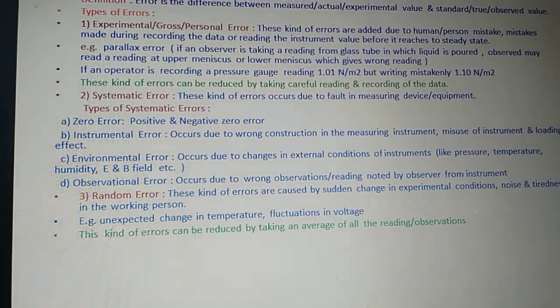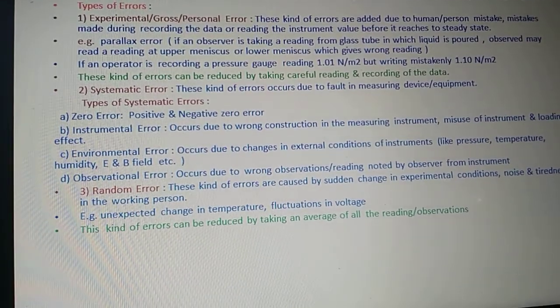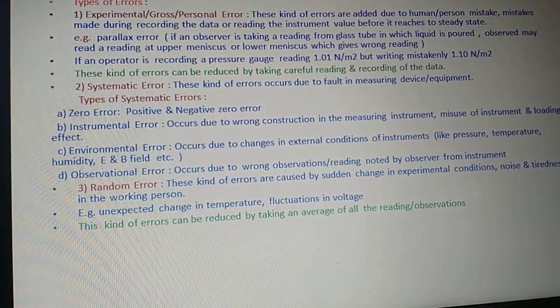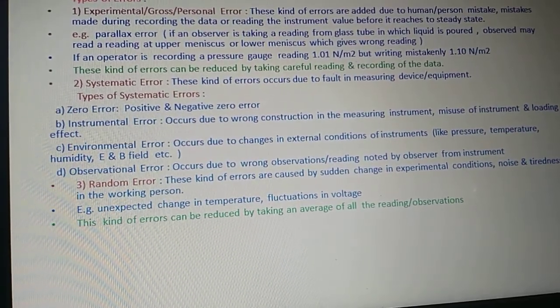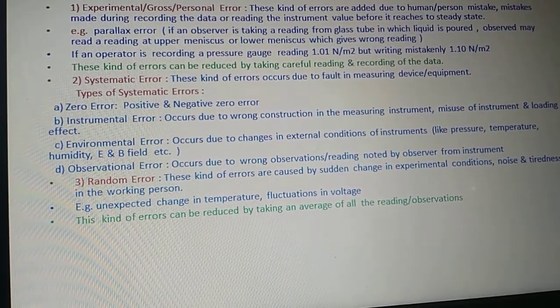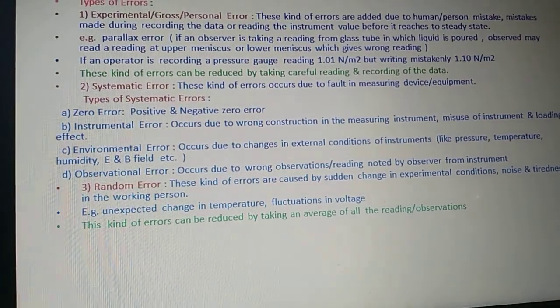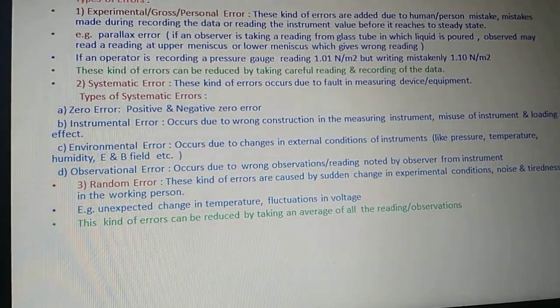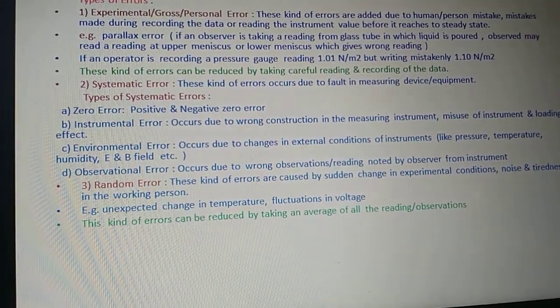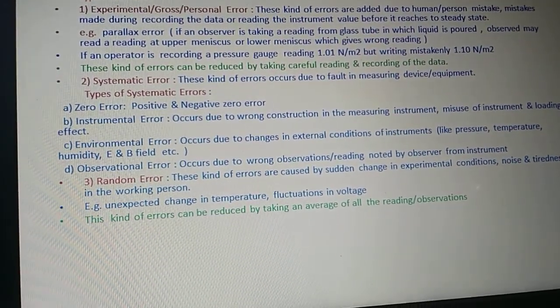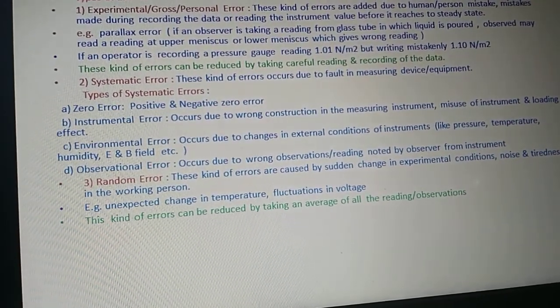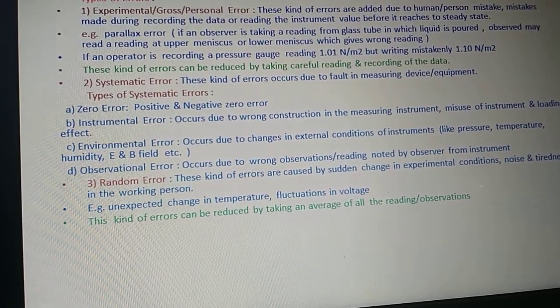Now let us try to understand the second kind of error, a systematic error, and these systematic errors occur due to a fault in the measuring device or in the equipment, and there are various kinds of systematic errors. Let us try to understand these kinds of systematic errors.